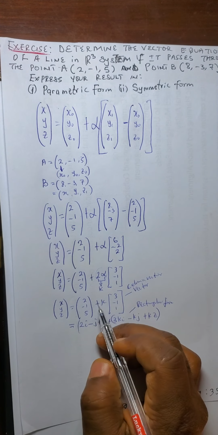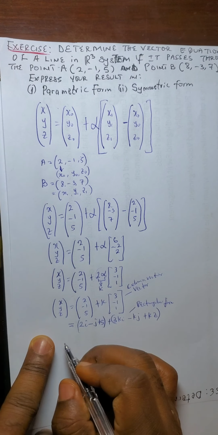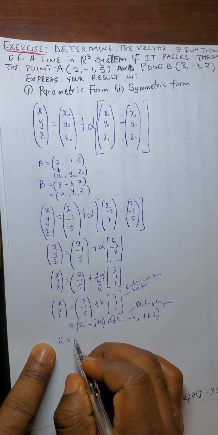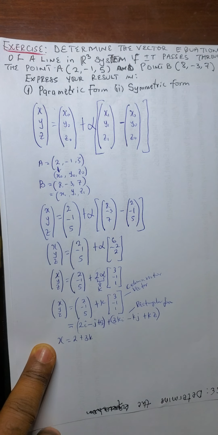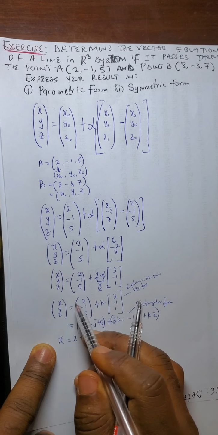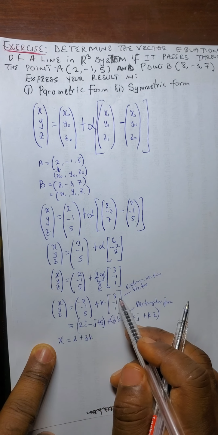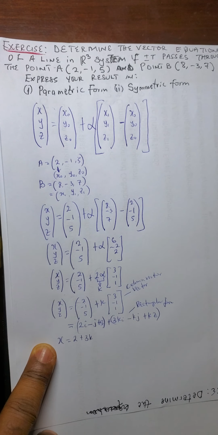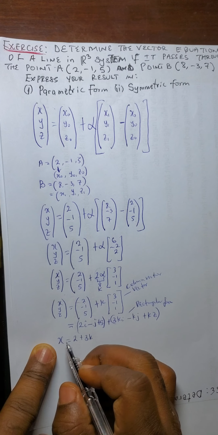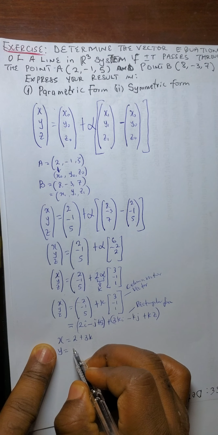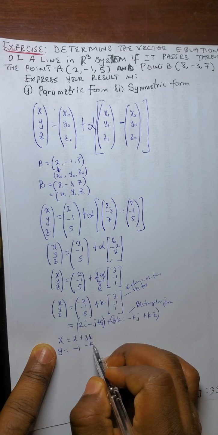So in parametric form, x will be equal to 2 plus 3k. I'm talking about this x; everything up there will be equal to one another, so whatever I have here will be equal to everything there. The next one, y, will be equal to the one in the middle, so y will be equal to minus 1, then minus times k, that's minus k.